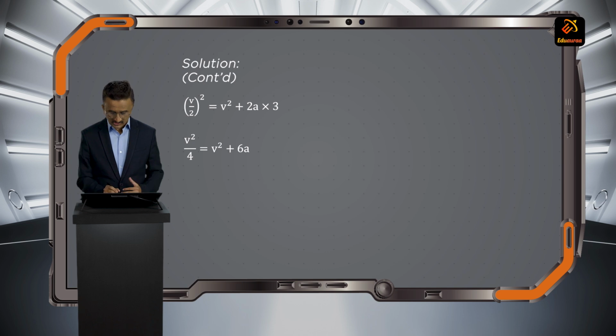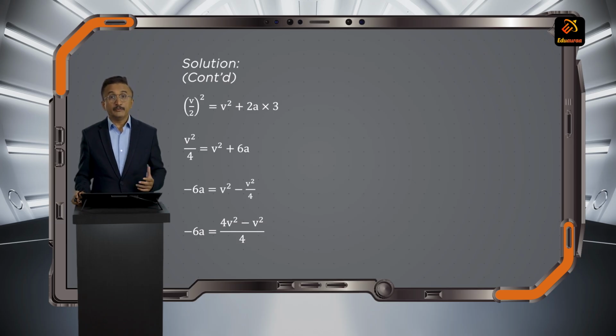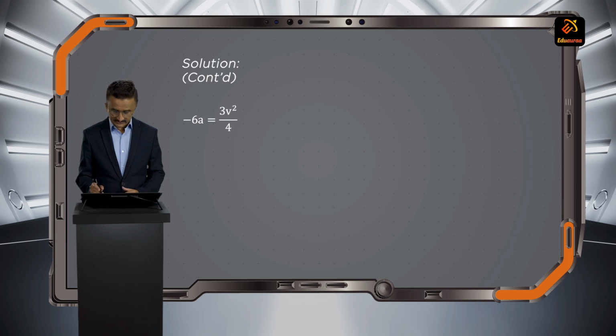So now I can rearrange the things. Minus 6a is equal to v square minus v square by 4. So it is 4v square minus v square divided by 4. That is nothing but minus 6a equal to 3v square by 4.